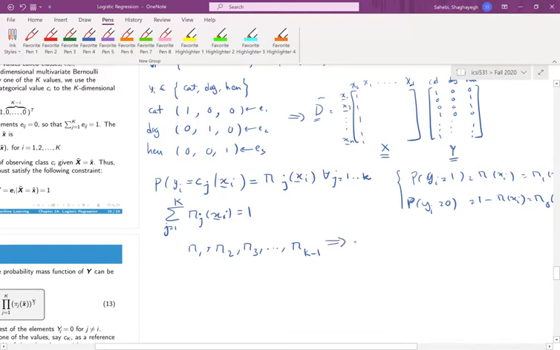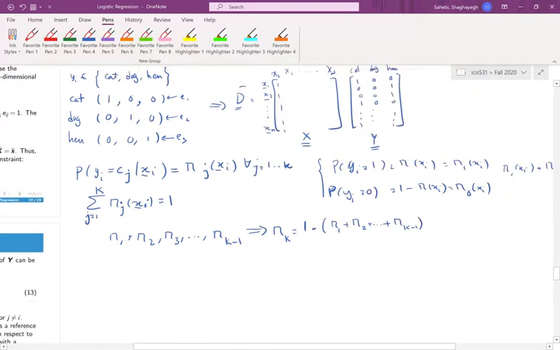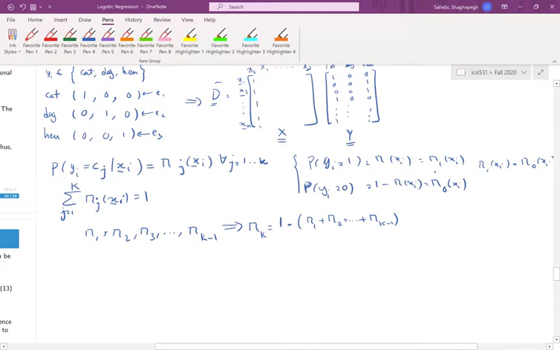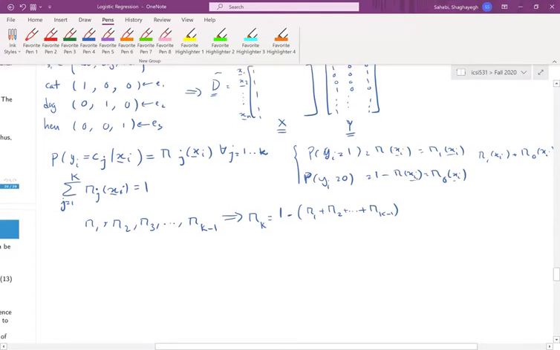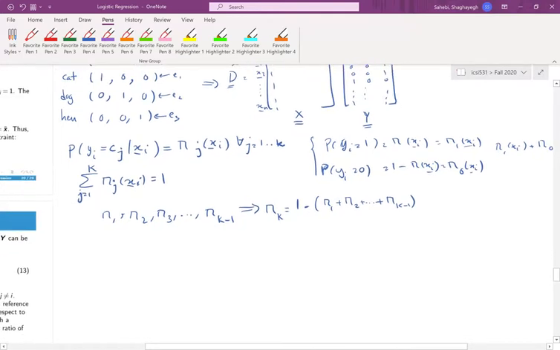So I can conclude, because they sum to 1, that pi sub k is equal to 1 minus (pi sub 1 plus pi sub 2 plus etc. plus pi sub k minus 1), right? Similar to the binary case, when I knew pi of xi, the probability of yi being equal to 0 was just 1 minus pi of xi, right?